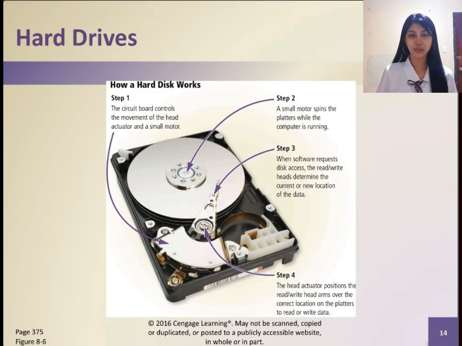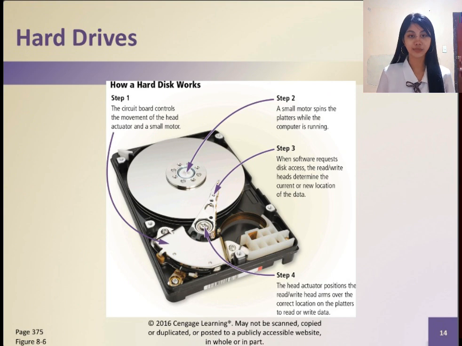Here's a step-by-step on how a hard disk works. Step 1: the circuit board controls the movement of the head actuator and a small motor. Then, the small motor spins the platters while the computer is running. Afterwards, when the software requests disk access, the read or write heads determine the current or new location of the data.